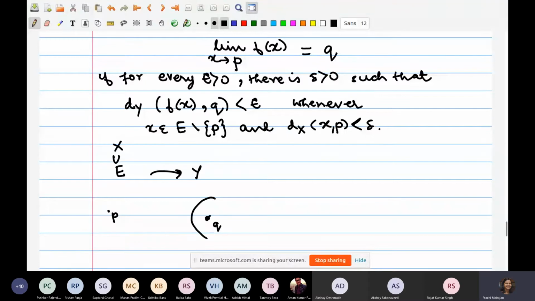I am going to draw pictures in R2. So in R2, it looks like a ball. Assuming that Y is R2, I'm drawing this picture.